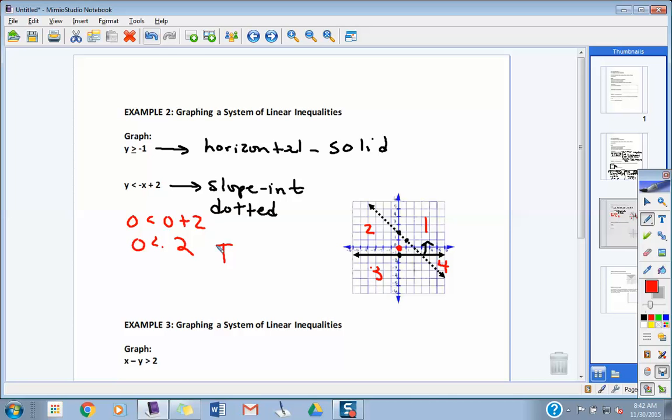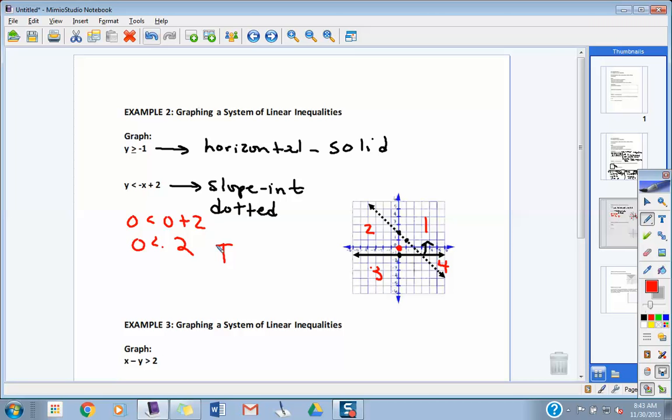So hear me out on this. This point right here, 0, 0, in red that I'm pointing at, in relationship to that last line I just tested, the dotted line, when I go that direction to 0, 0, I get a true statement. So am I going to be above the dotted line or below the dotted line? Below that dotted line.